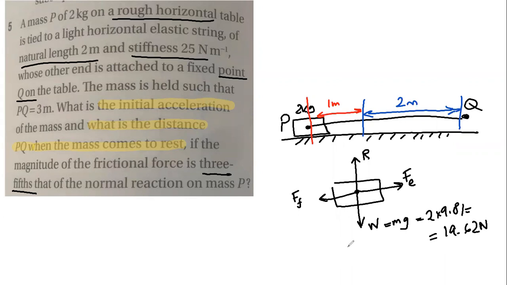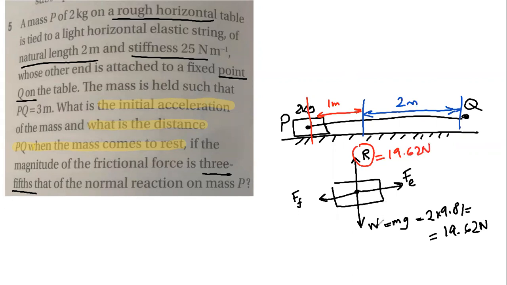Now, that is the vertical downward force from the weight. I know that there is no other motion in the vertical plane, so the reaction must be equal to the weight. So that's also equal to 19.62 newtons.